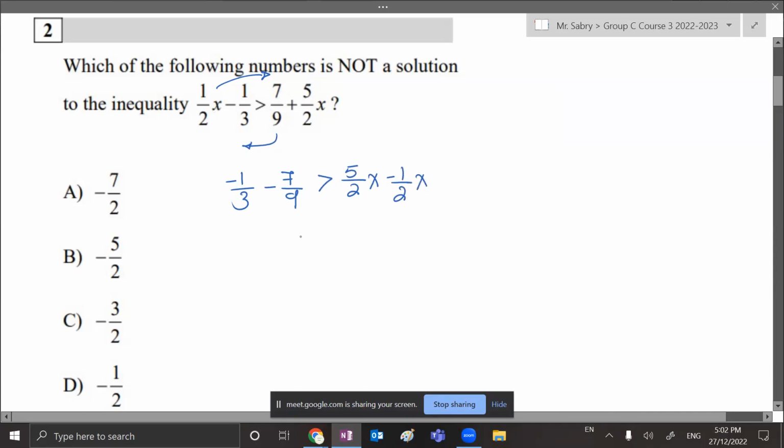Now let's start calculating. First of all, these two have different denominators, which means I have to first make them with the same denominator, and I have to multiply here times 3 up and down, because when I multiply by 3, this will become negative 3 over 9, and this will remain as negative 7 over 9. So now they have the same denominator.